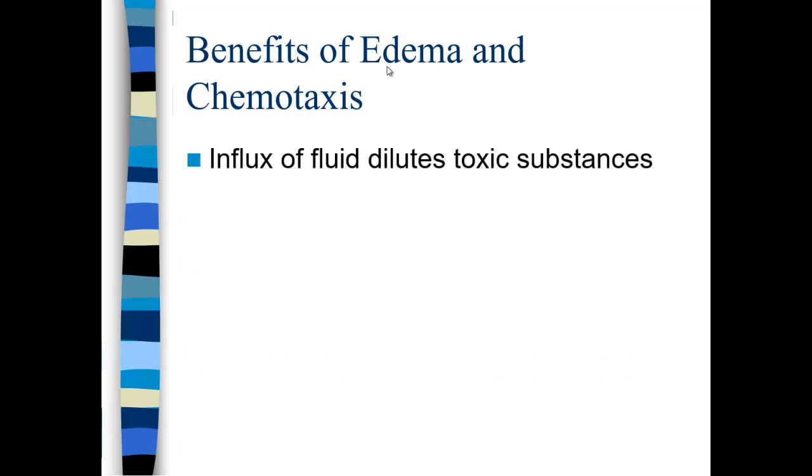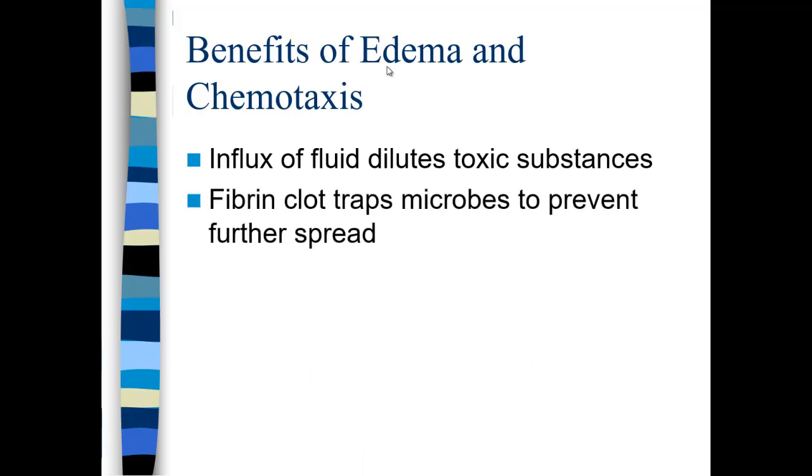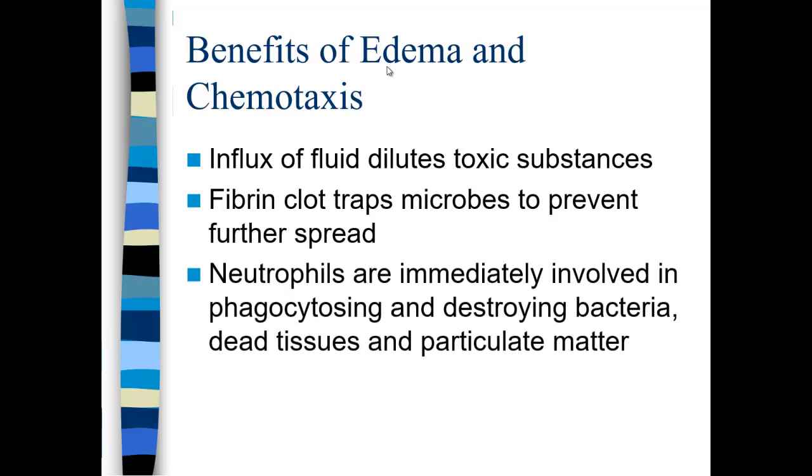Okay. The influx of fluid dilutes the toxic substances. So if you have any toxins, if you have endotoxin from LPS, that will dilute it and cause the effect to be lessened. Okay. The fibrin clot, remember fibrin is the primary protein that's involved in clot formation. It traps the microbes, prevents further spread.